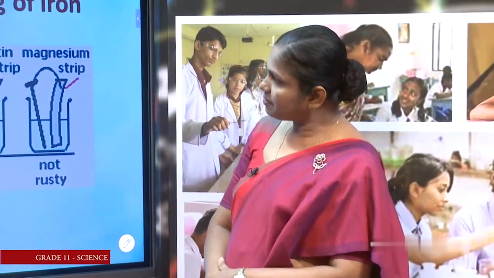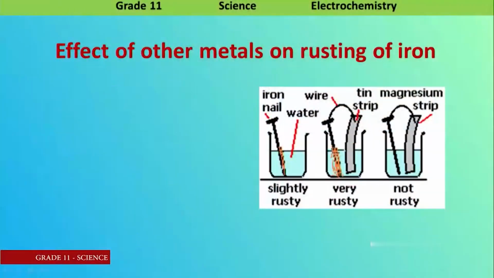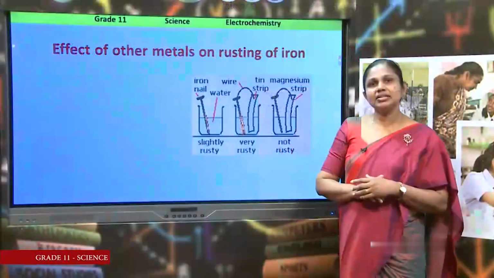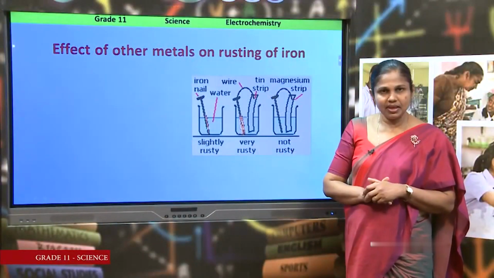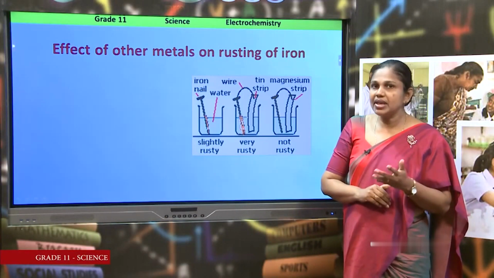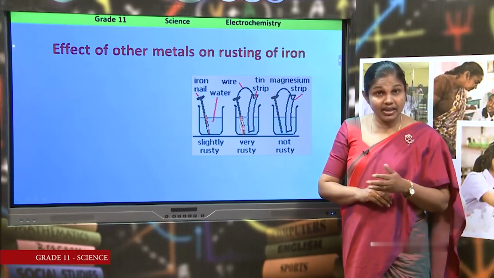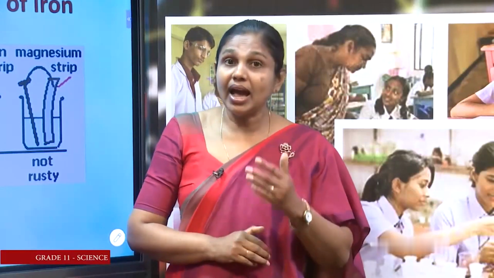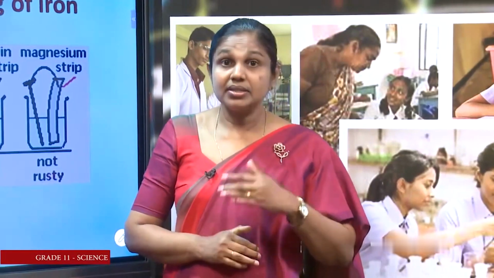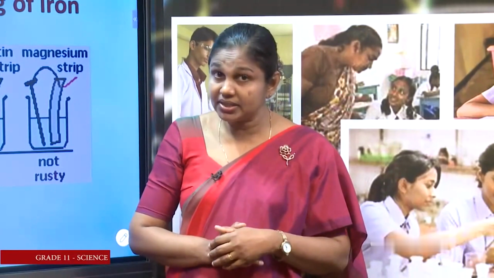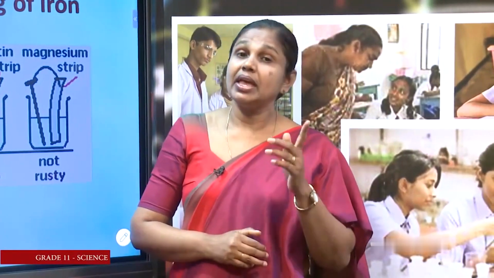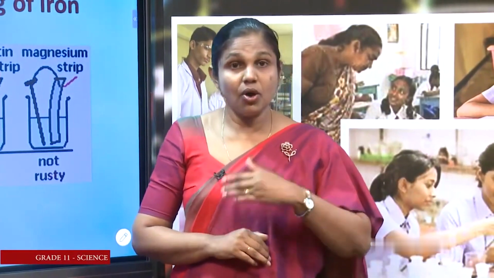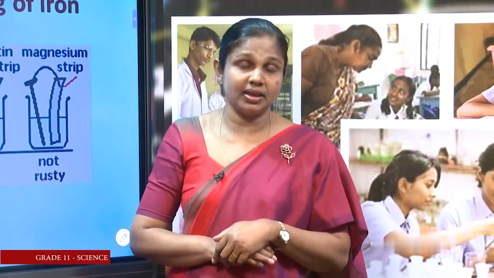What you can observe here is, when the iron nail is in contact with a metal more reactive than iron in the activity series, that highly reactive metal starts oxidizing first and it prevents oxidizing of iron.